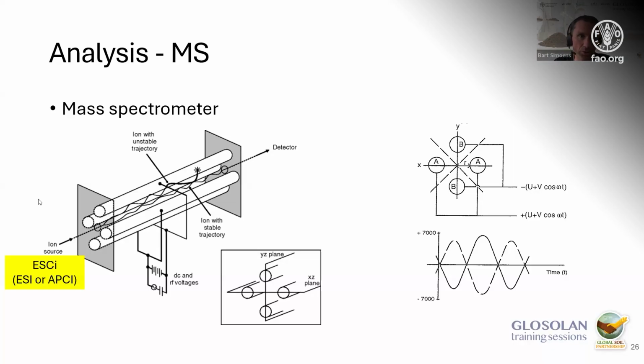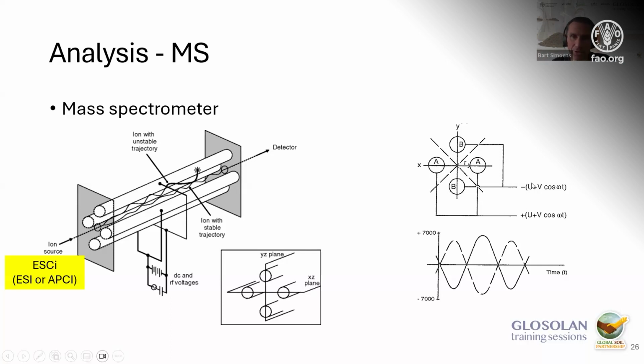So the mass spectrometer basically looks like 4 rods in metal. And this is another view. So A and B are the rods. And these rods are placed under different high tensions.